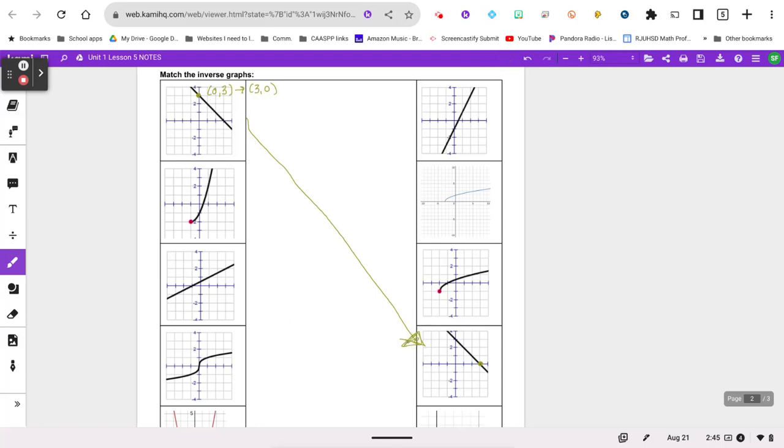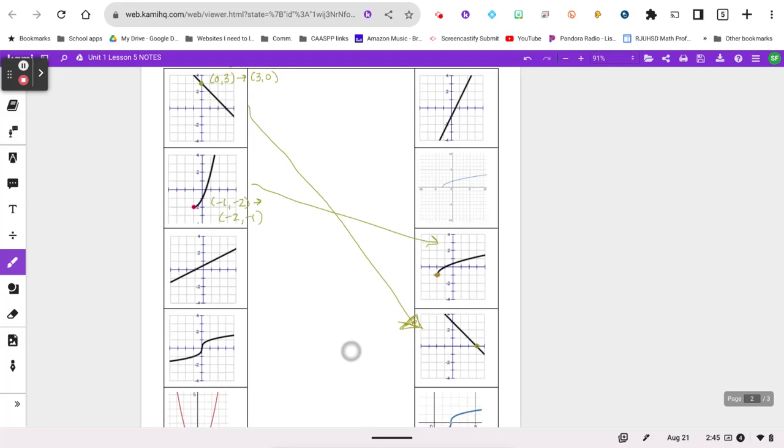Sometimes that happens. So here we see a point that is negative 1, negative 2. Our inverse, we want it to be negative 2, negative 1, and it's going to stay that curved line. Now we can see, let's see, so negative 2, negative 1 right here. This one's going to match.